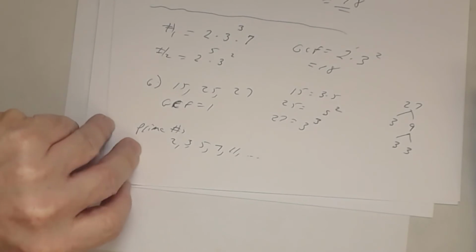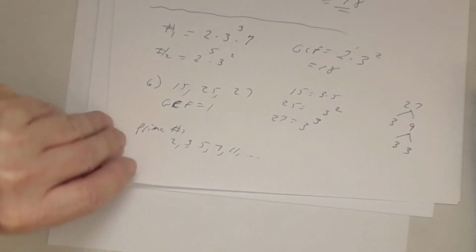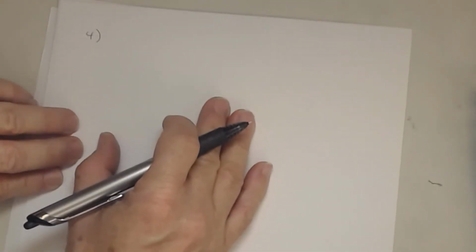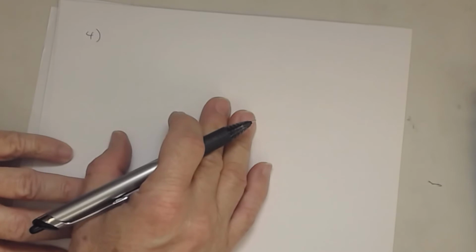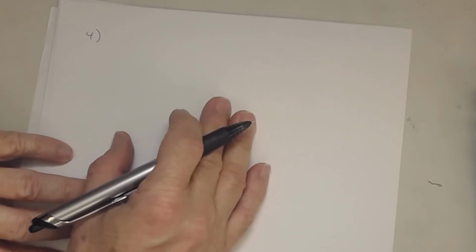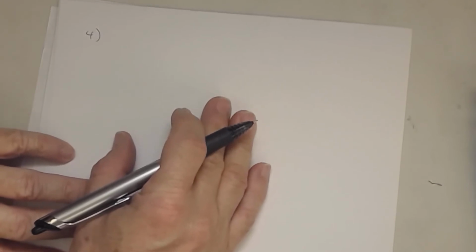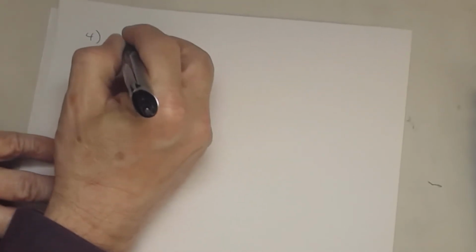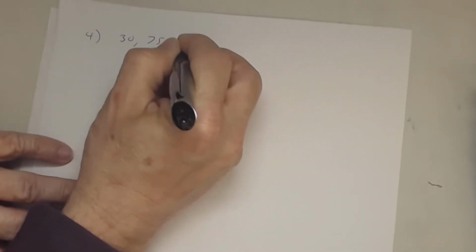Right, let's look at number 4. Number 4, you have 30, 75, and 135. Now that will make it a little bit more challenging to determine what the GCF is.